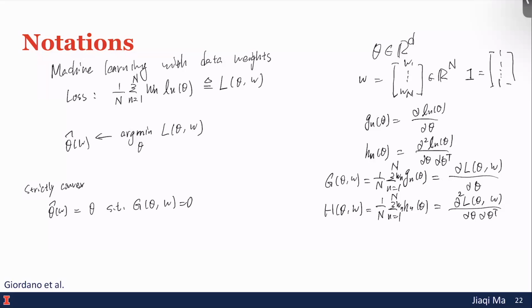This is basically the first-order condition of optimality. Essentially, this theta hat(w) is defined by this kind of implicit function, by this equation.